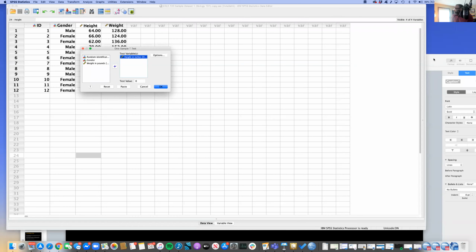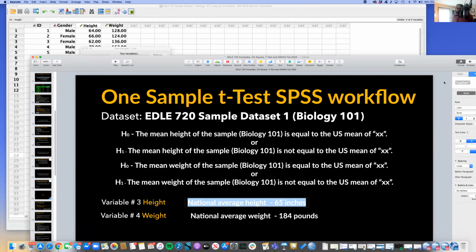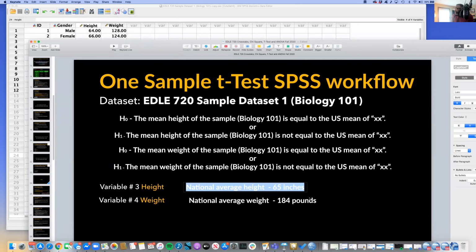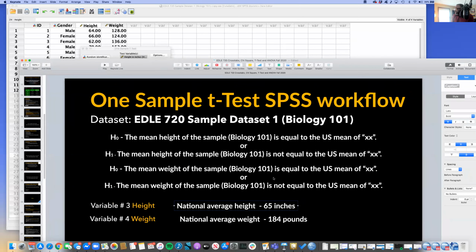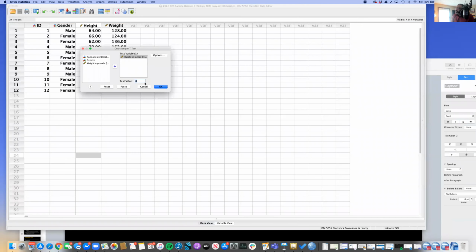This is a pretty easy test to set up. You just have to conceptually set it up on the back end, right? And we remember that the national average height, if you go to the CDC, Center for Disease Control's website, National Institutes of Health, they'll tell you that an average height in the country is 65 inches. So we're going to put that number in here into test value.